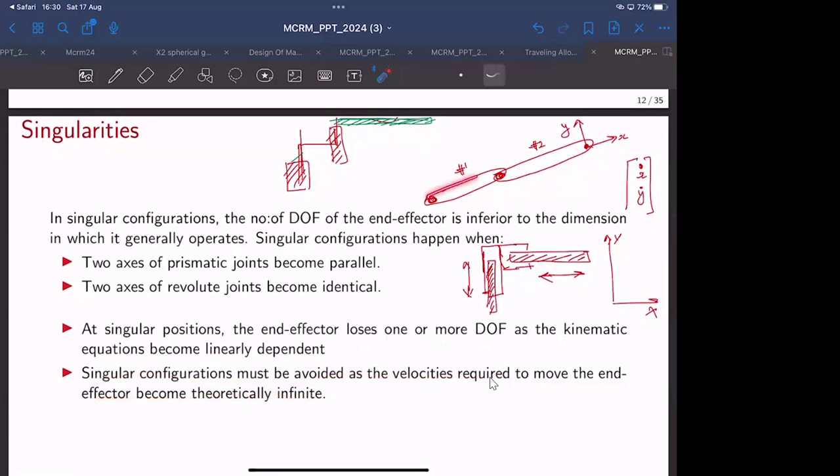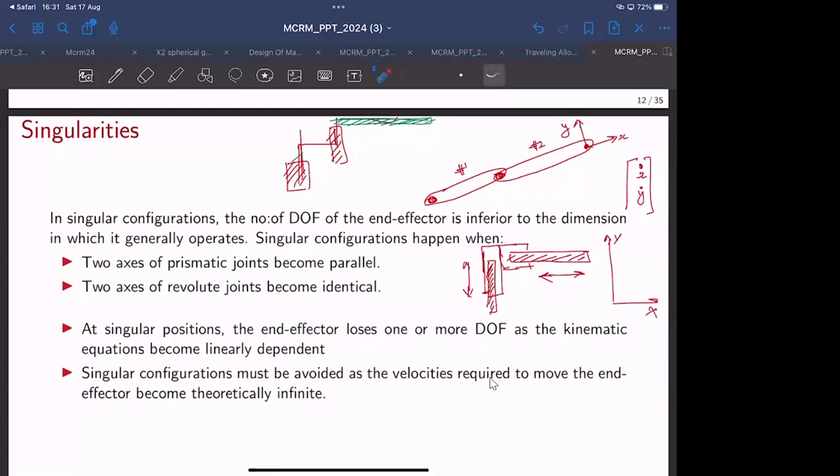So for example, if this is a singular configuration, and if you want to move the robot along this axis, along the x-axis, you will need an infinite amount of velocity or an infinite amount of force to move in this direction, right?